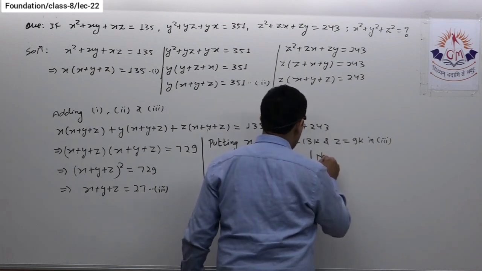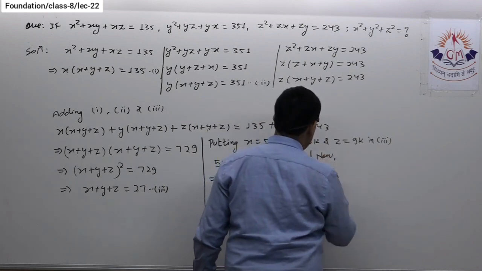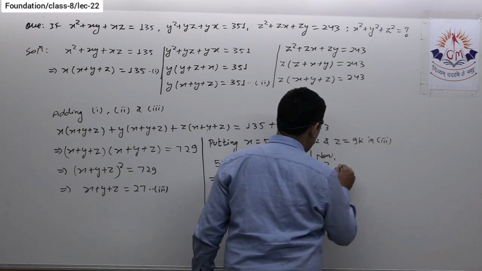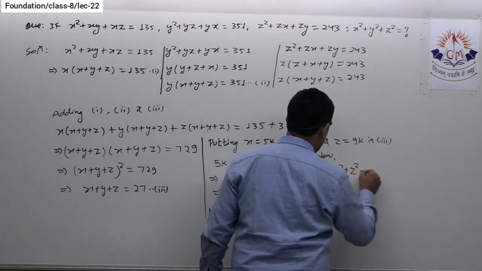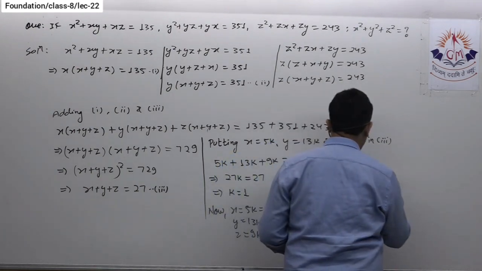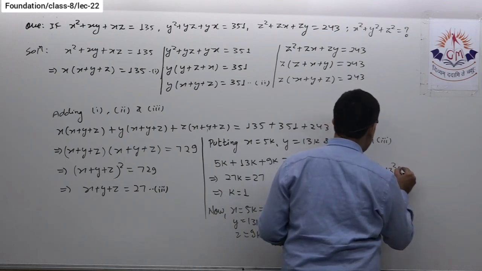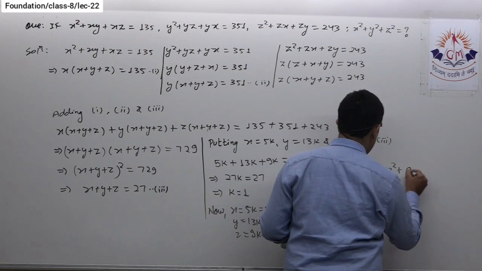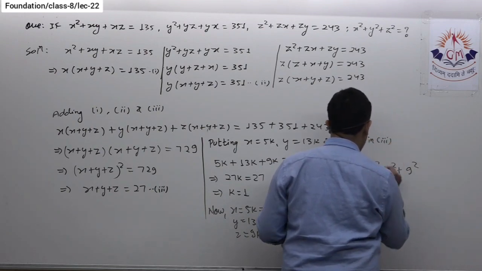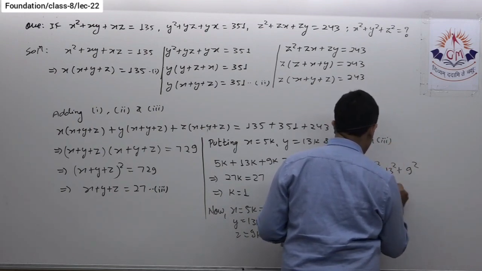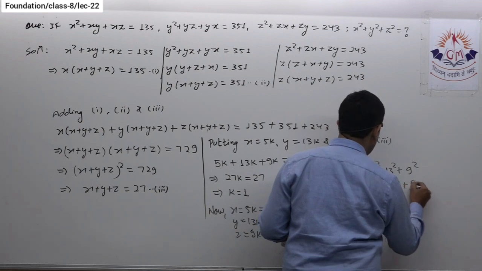So now x square plus y square plus z square is equal to 5 square plus 13 square plus 9 square simply. Okay, so 25 plus 169 plus 81.